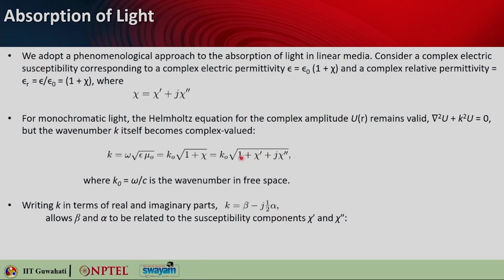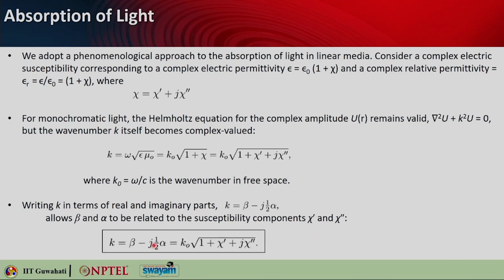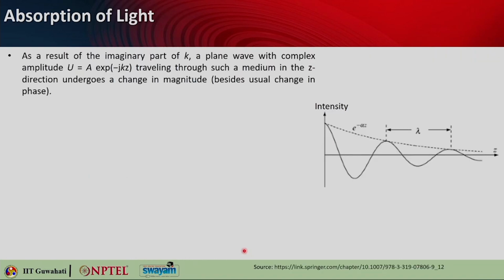This can be related to this equation. It means beta and alpha can be related to the susceptibility components, chi prime and chi double prime. When you equate these two, the real part should correspond to the real part, the imaginary part should correspond to the imaginary part, and once you do that, you can find out what beta and alpha are.